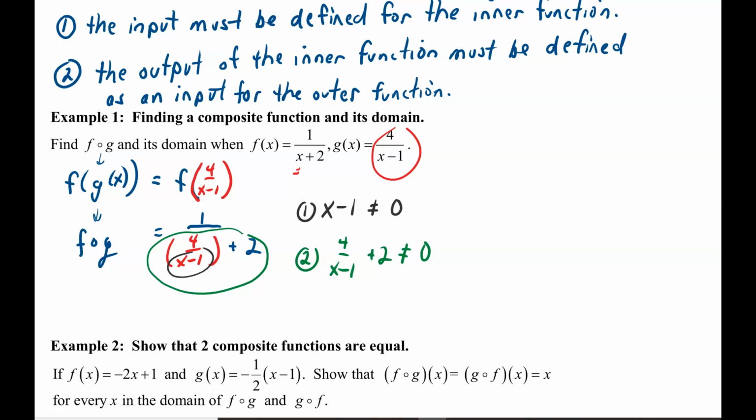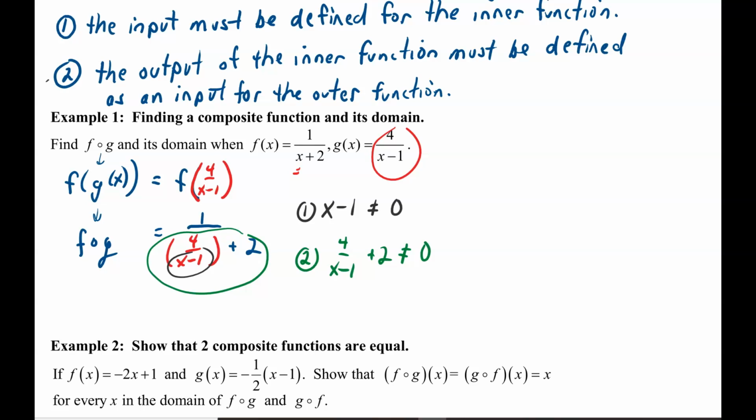All right, now looking at it in these 2 ways, that's a perfectly good approach, but I just want to kind of talk for a minute on how this number 2 is the same as number 2 right here. So this would be saying that the output, whatever comes out of this 4 over x minus 1, just can't be negative 2, because if it's negative 2, that would not be defined for the outer function, right? x cannot be negative 2, so the output of 4 over x minus 1 can't be negative 2.